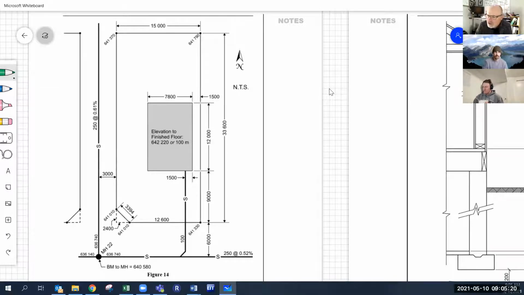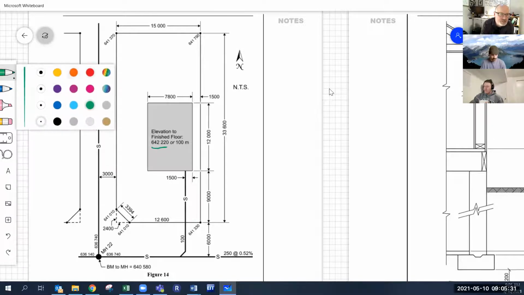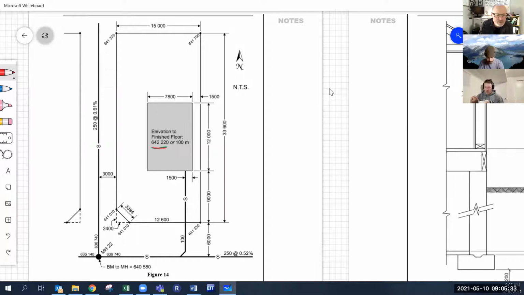The next question says, what is the actual elevation of the main floor? Right here, 642,220 is the actual or geodetic elevation of the main floor.